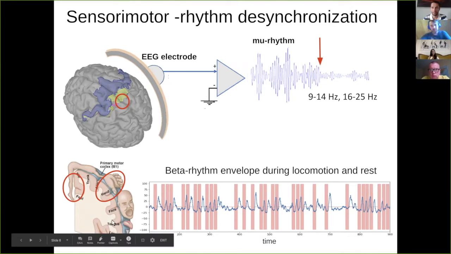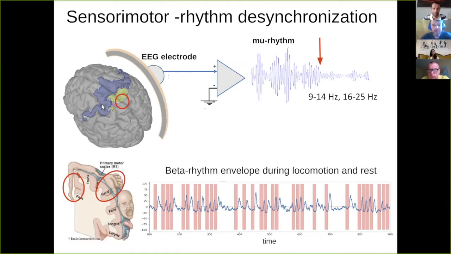Okay, so now imagine that you're thinking about your right hand, for instance. Then in the left part of your brain, the sensory motor cortex, you will see what we call the desynchronization of the sensory motor rhythm. Desynchronization means that the amplitude of the rhythm will drop.